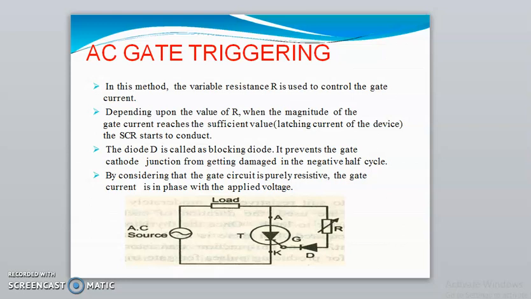Again, by applying the pulse signal to the gate terminal, the SCR is triggered.